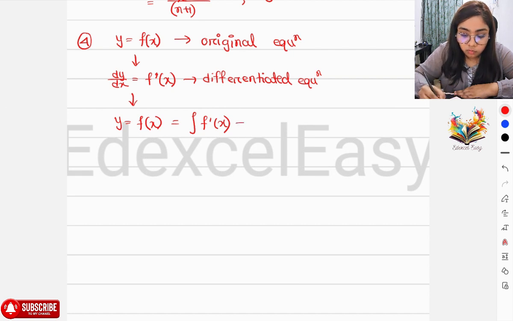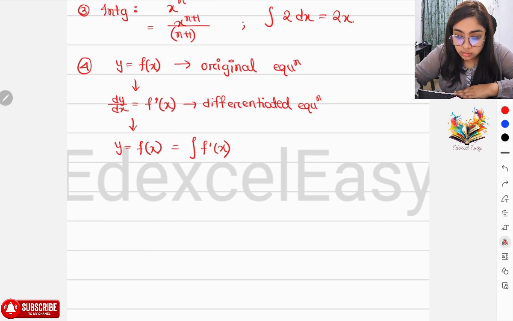But always remember, this comes with a c, right? By integrating, it always comes with a c. So you'd also have to calculate the value for that constant c. Why does it have that c? Because when you start from the original equation and differentiate it, if it does have a constant, in some cases that constant will be entirely vanished in the differentiated equation.